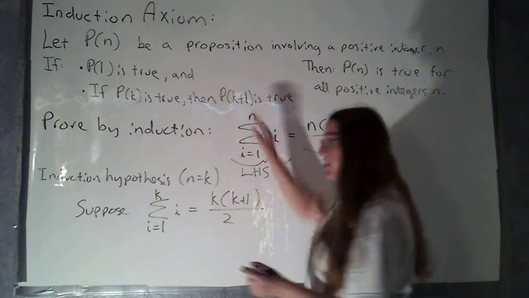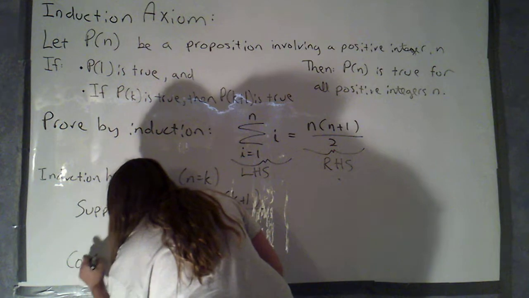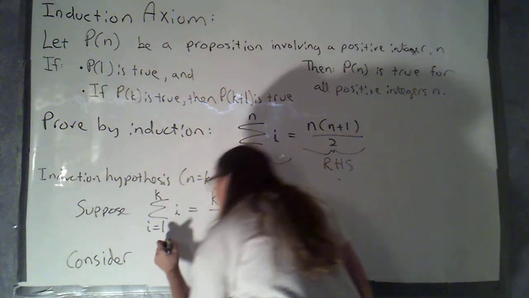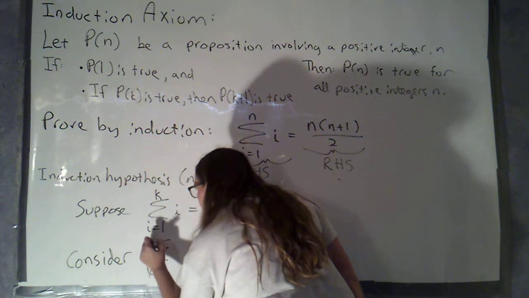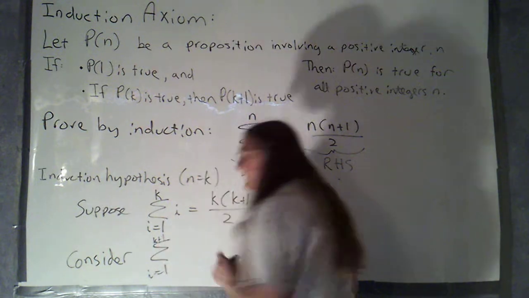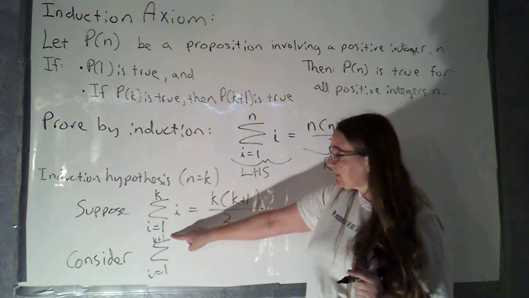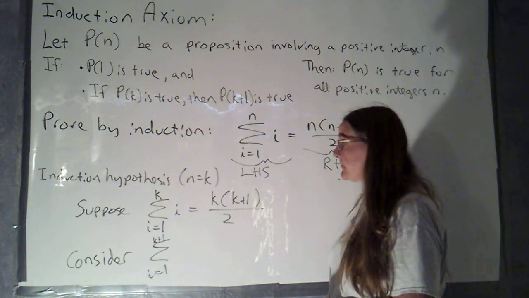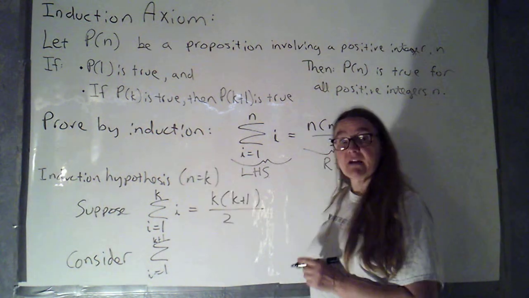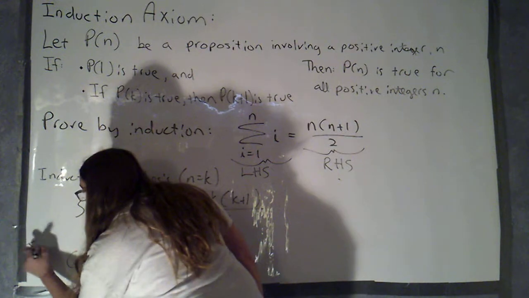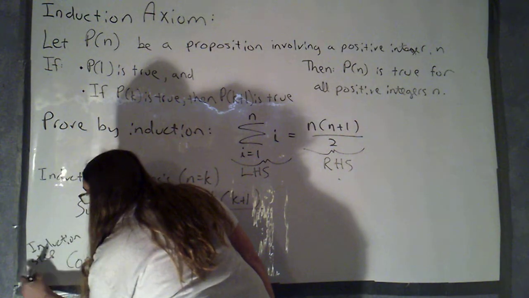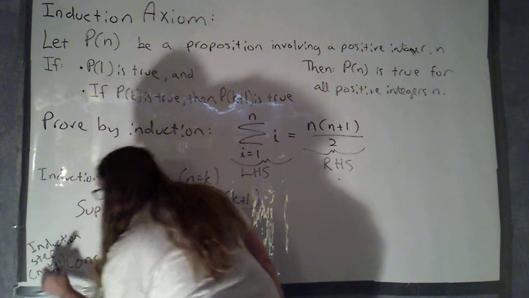So I've supposed the if part here. I need to prove the then part. So I need to consider the sum as i goes from 1 to k plus 1, so that my final index is now k plus 1. When n was equal to k, that was called the induction hypothesis. This is now the induction step. That's when n is equal to k plus 1.